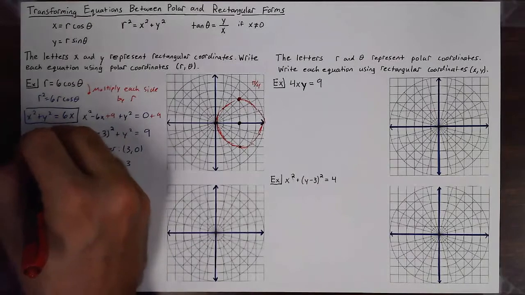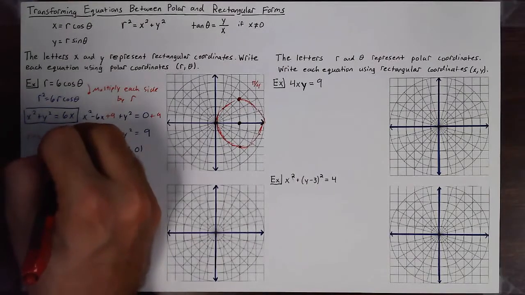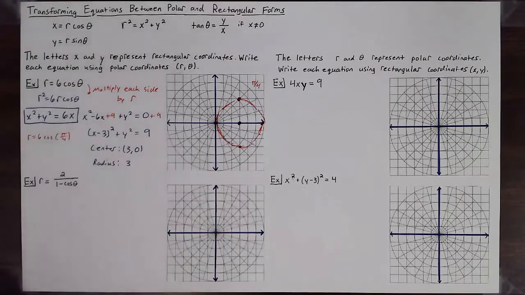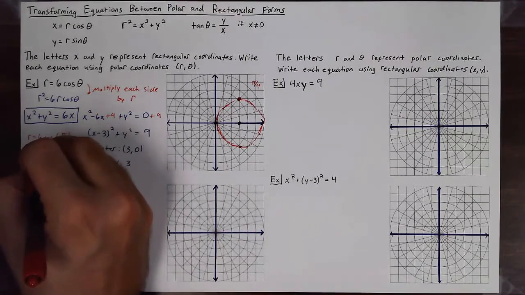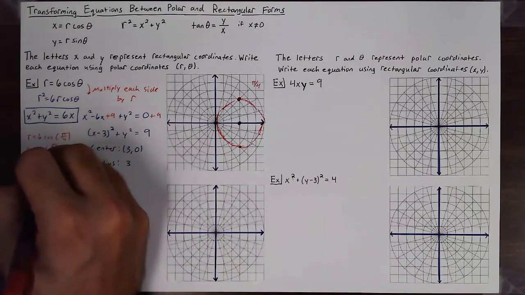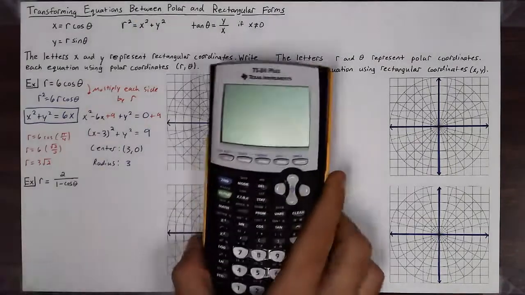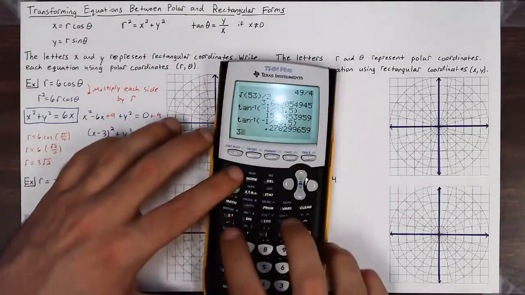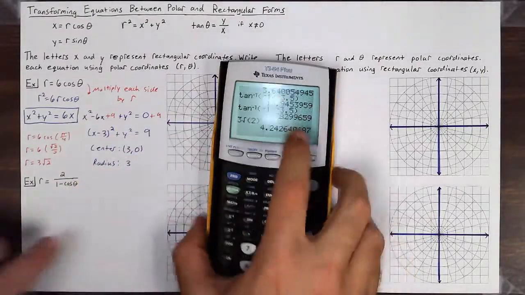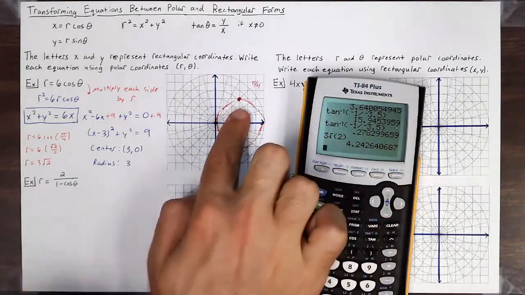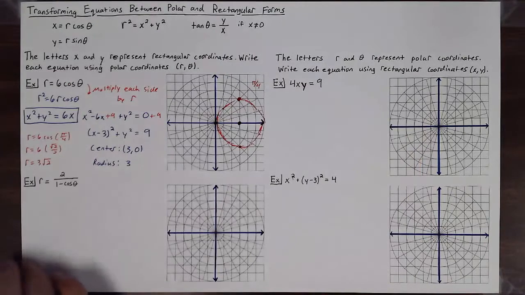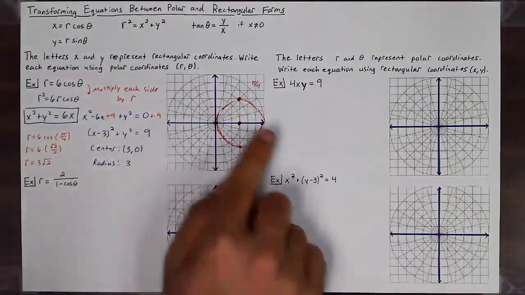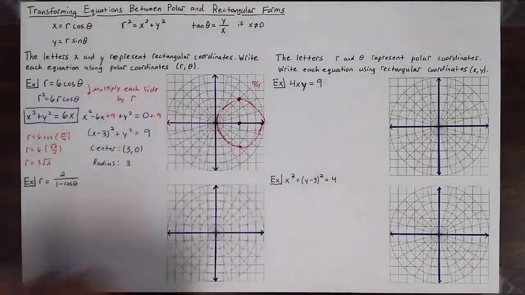So r is equal to 6 times cosine of pi over 4. It would be r is equal to 6 times square root 2 over 2, which is 3 square roots of 2, which if I were to plug that in, I get something a little bit bigger than 4. So it does make sense with that graph. I'm not going to check all of them like that, but that is one way you can check to see that the points are lining up in the right spot.